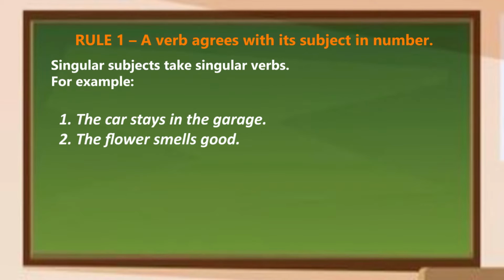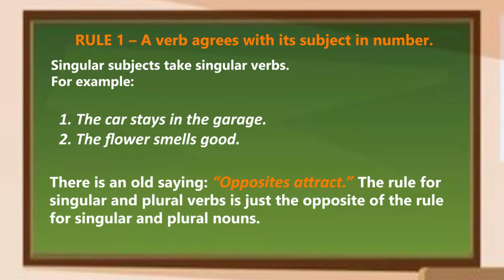Example 2 states, the flower smells good. We have flower as the subject and the verb smells. The verb is singular because the subject is singular. Now there is an old saying, opposites attract. The rule for singular and plural verbs is just the opposite of the rule for singular and plural nouns.